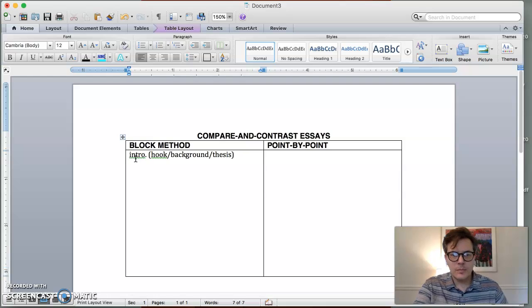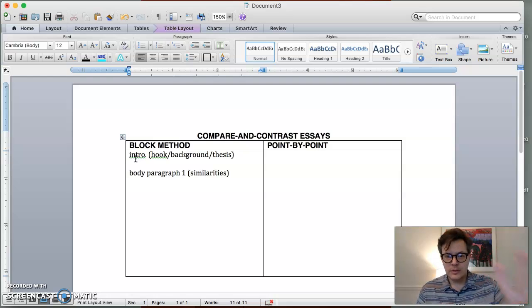So after your intro in the block method comes body paragraph 1, which would focus on the similarities of characterization or plot or theme, whatever element you're writing about. You devote this entire first body paragraph to how these two stories are alike.